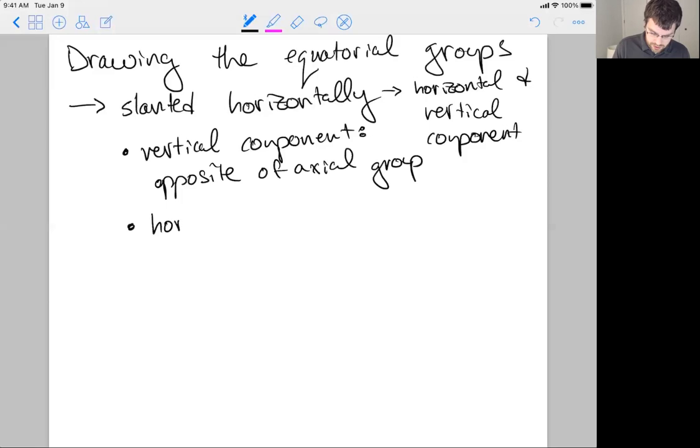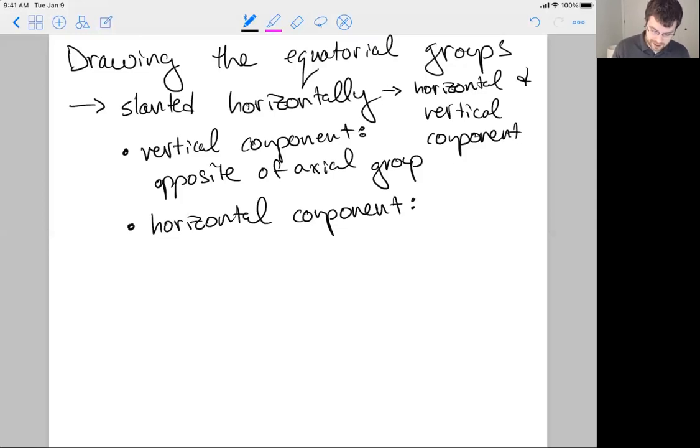Now the horizontal component of our diagonal equatorial group. There's a slick trick that a student taught me my first year to see this, as opposed to just brute force memorizing, which is what I recommended.